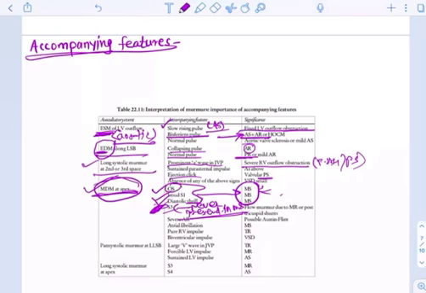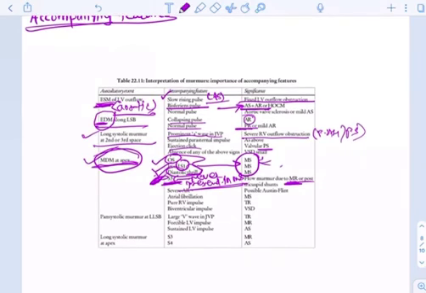So if there is mid-diastolic murmur with opening snap, loud first heart sound and diastolic thrill, it leads to mitral stenosis. And if there is S3, as I told you, it indicates MR, flow murmur due to MR. Then this mid-diastolic murmur in MR indicates that the MR is very severe.